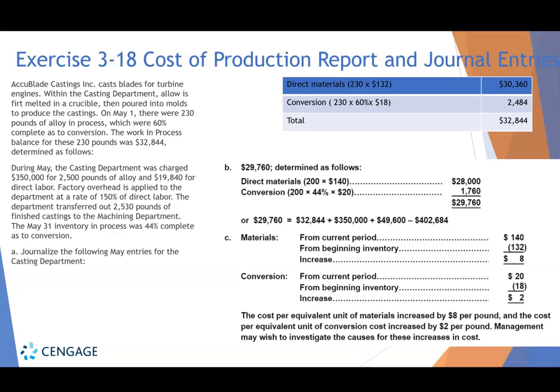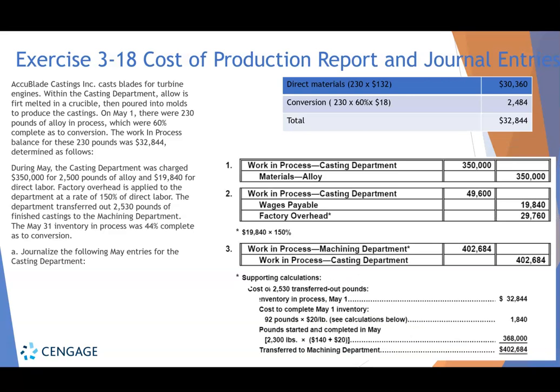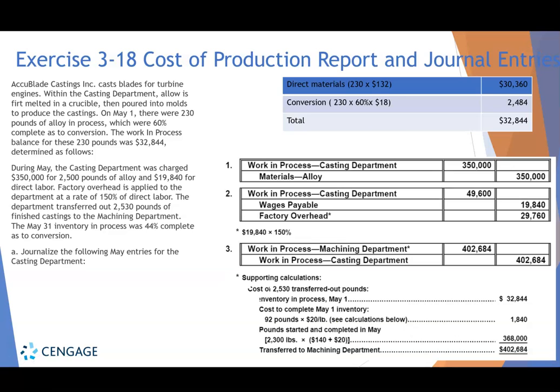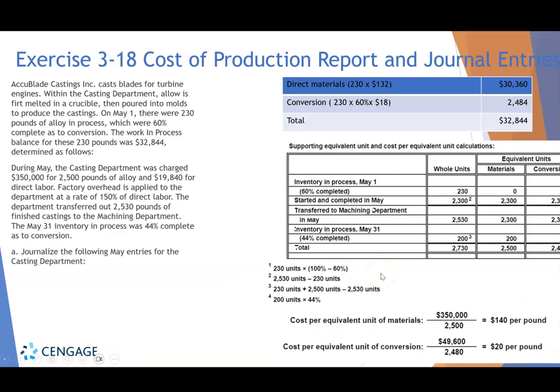Now, the $29,760, let me just see what we're talking about here, $29,760 factory overhead here. We've got the direct materials. We've got the conversion to give us our $29,760 here sitting in our factory overhead.